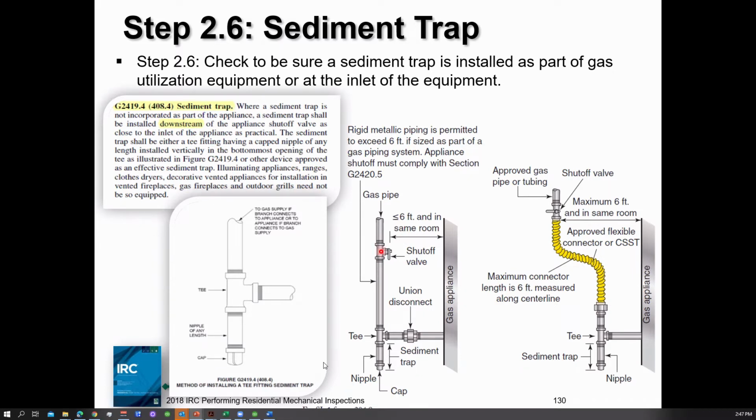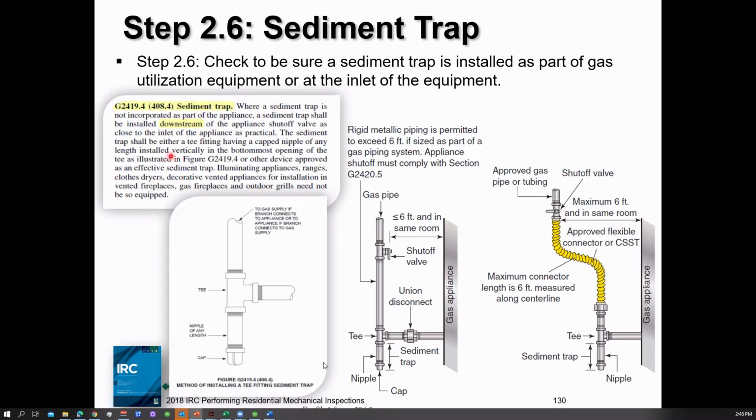Well, look at this valve coming down the riser here, with the sediment trap being located downstream of the appliance shutoff. If I go to this section here, 2419.4, it says specifically, where a sediment trap is not incorporated as part of the appliance, a sediment trap shall be installed downstream of the appliance shutoff.